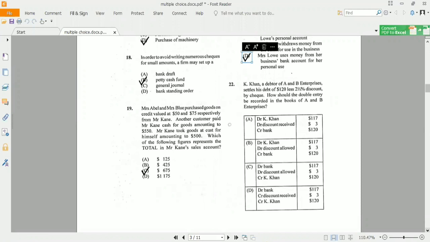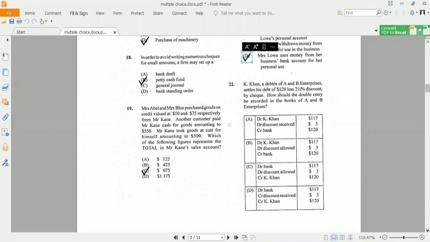How should the double entry be recorded in the books of A and B Enterprises? So K. Khan is paying A and B Enterprises what is owing of 120, right?